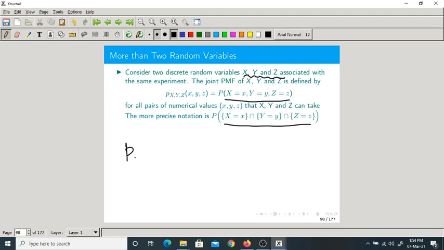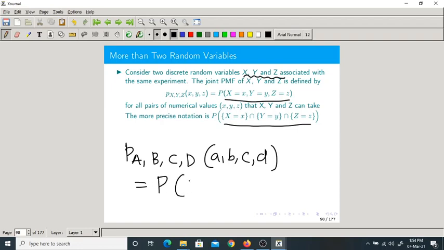P of a, b, c, d is the joint PMF of four random variables A, B, C, D. The definition would be capital A equal to a, capital B equal to b, capital C equal to c, and capital D equal to d. In the same fashion, you can write for any number of random variables.